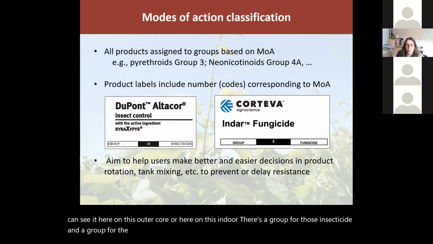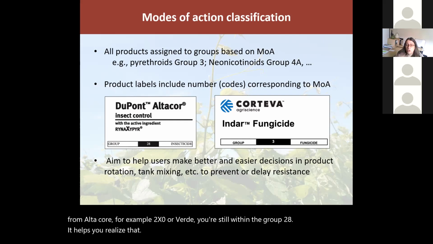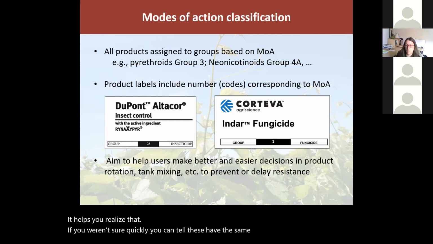And that helps you see that if you're switching from Altacore, for example, to Exerol or Verdeprin, you're still within group 28. This is very important, because if you weren't sure, you can quickly tell, oh, these have the same mode of action, so they're not going to help me in resistance management.